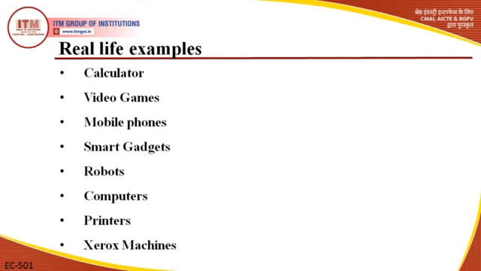Next, the smart gadgets you wear, just like a smartwatch or health band. Next, the robots. So all of you are familiar with the basic robot to some advanced robots used in different industrial sectors. So all these robots are controlled by processors, and of course you have to be familiar with computers.